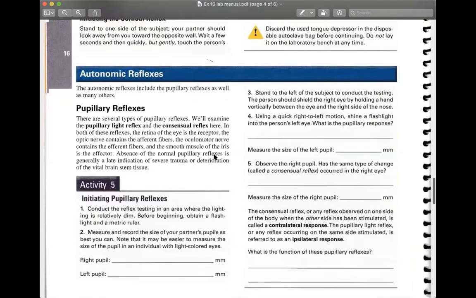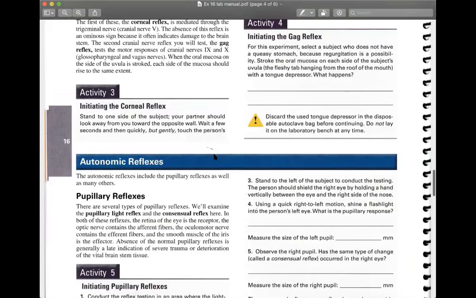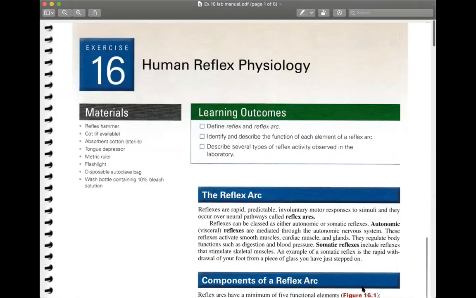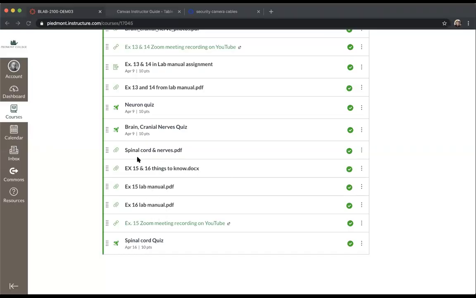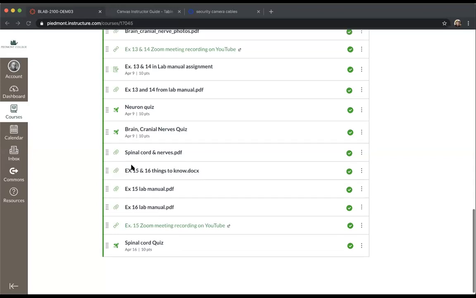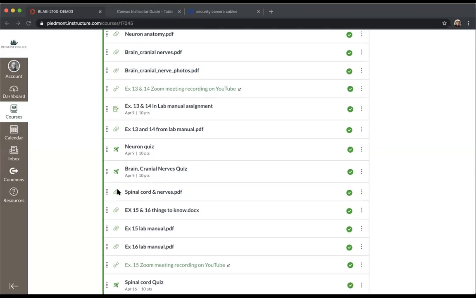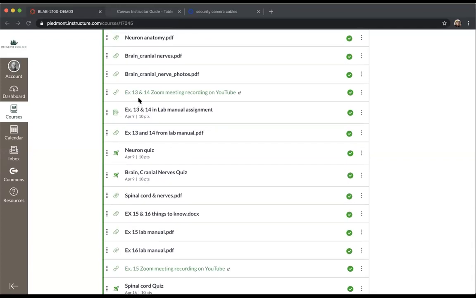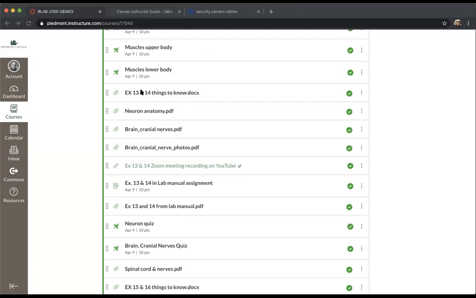Okay, and really, if you just know those, that will be good for this exercise. Like I said, this one was going to be fairly brief. And again, the other things that you want to review: the exercise 15 and 16 things to know. That's what I'm sticking to with creating the practical, and exercise 13 and 14 things to know as well.